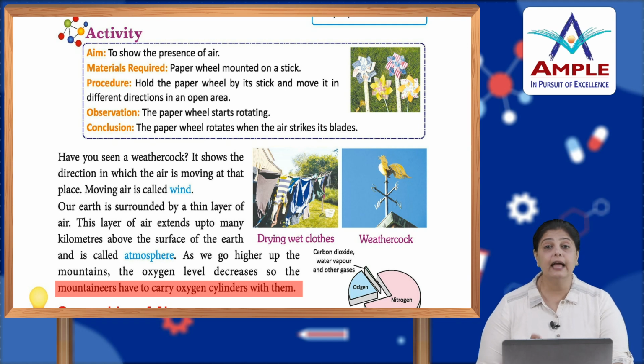That is because as the person climbs up, the air becomes thin and the oxygen level in the air starts dropping. The requirement for additional oxygen builds up, and that's why they carry oxygen cylinders with them.